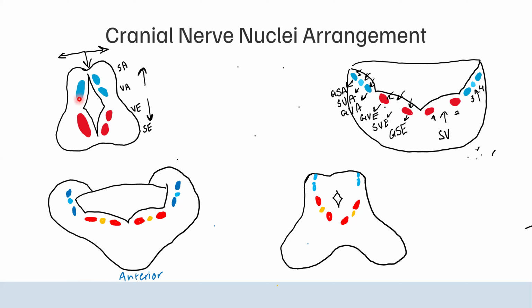With progression, you then begin to have separate nuclei. One is for somatic efferent, one is for visceral efferent. Then you have one for visceral afferent and one for somatic afferent.